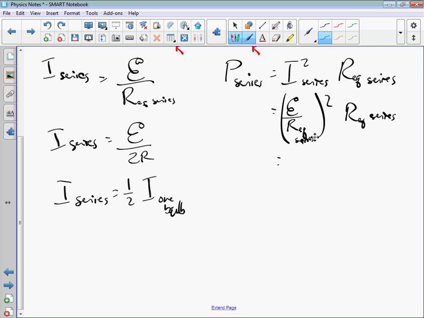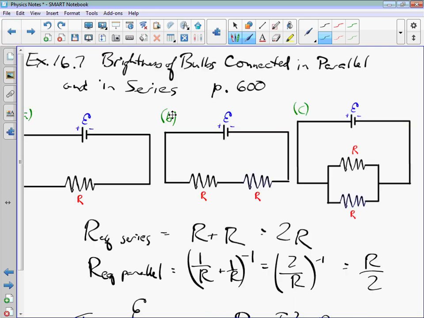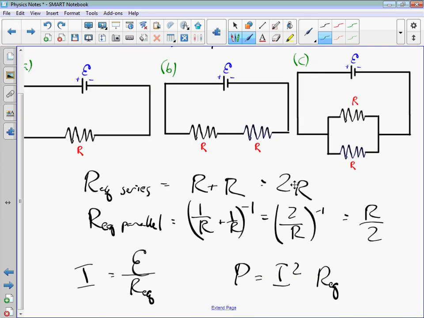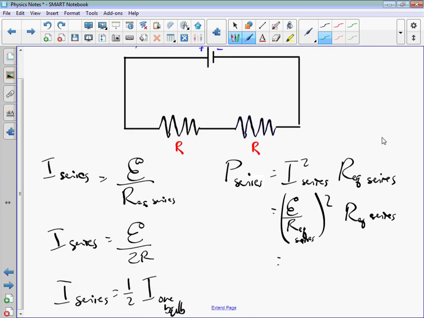So that's got to be squared times the equivalent resistance in series. You could distribute those as you do. One thing I do need to mention: our equivalent resistance in series was 2R. So I can have this value equal to 2R.